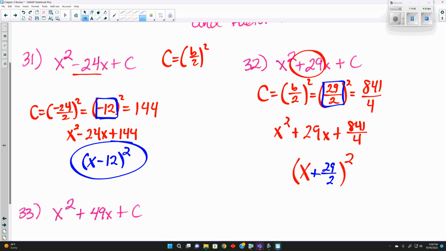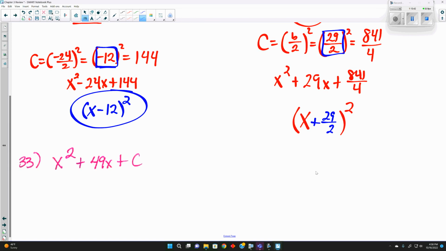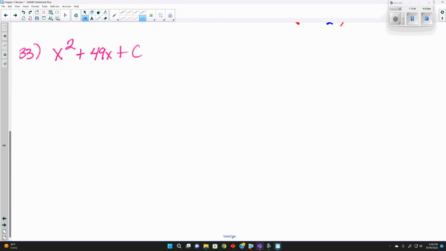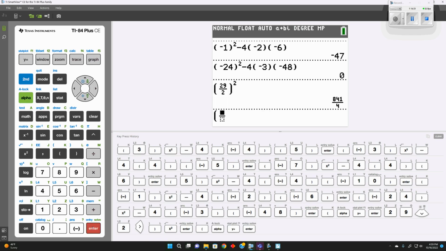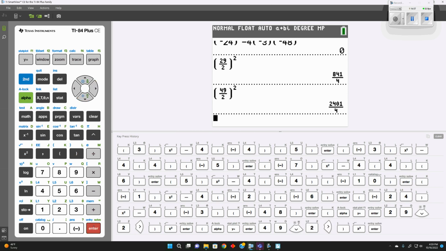Now that brings us to our last one of these three. At this point, c is equal to b over 2 squared. Our value of b is 49. So we'd have 49 over 2 squared. And again, because it doesn't simplify, we can type it in: alpha y equals, enter 49 over 2, close parentheses, squared. Hit enter.